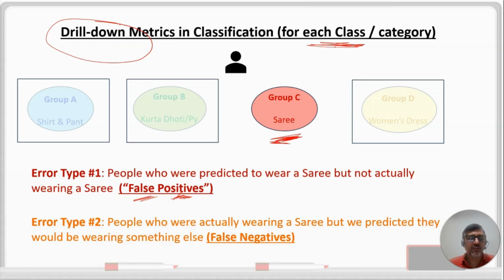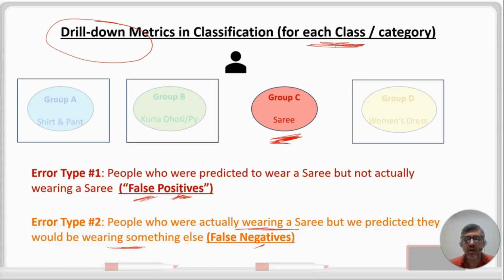The other type of error would be people who were actually wearing a sari, but we predicted that they would be wearing something else. So this is the exact counter example of type 1. People who are actually wearing a sari, in real life they were sari, but somehow our classifier said they would be wearing something else. This is what are known as false negatives.